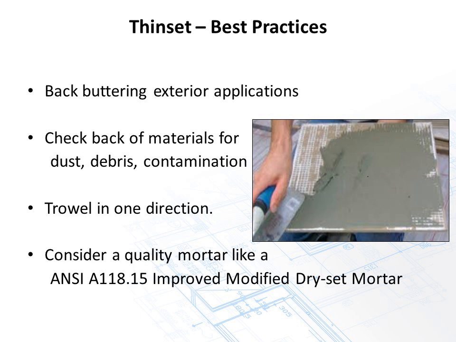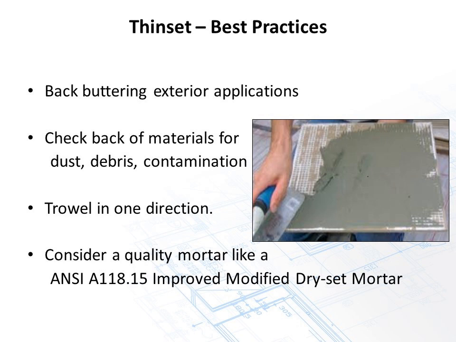Consider a quality mortar like an ANSI 118.15 improved modified dry set mortar. This is a new standard. This standard was only added about 5 years ago. So, high quality, high strength mortar. One thing that makes this mortar different than any of the other ANSI type mortars is that this one goes through a heat aging test where it's kept for 14 days at about 70 to 80 degrees.